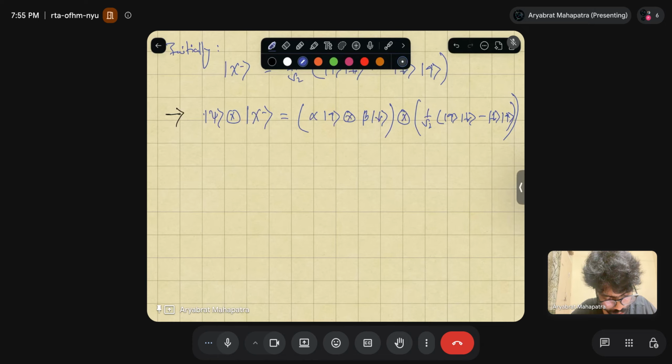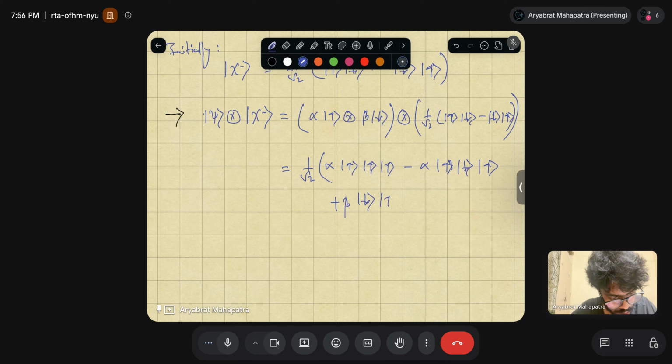If you expand this, you get these three states, because now you have three qubits. So finally you get something like this.